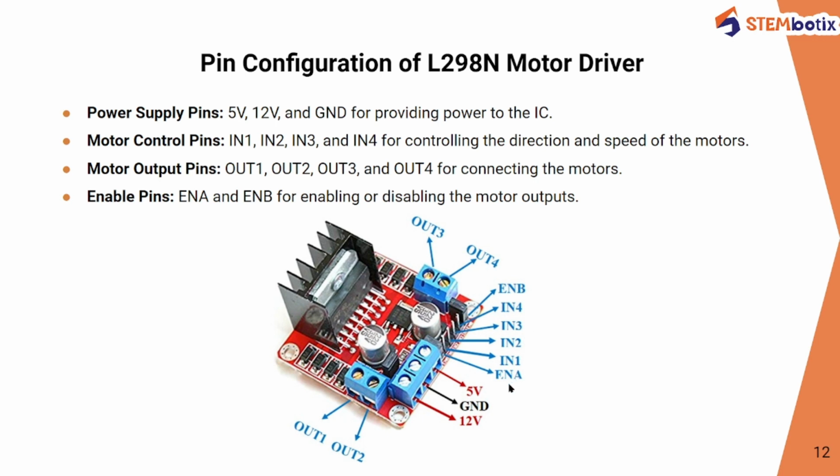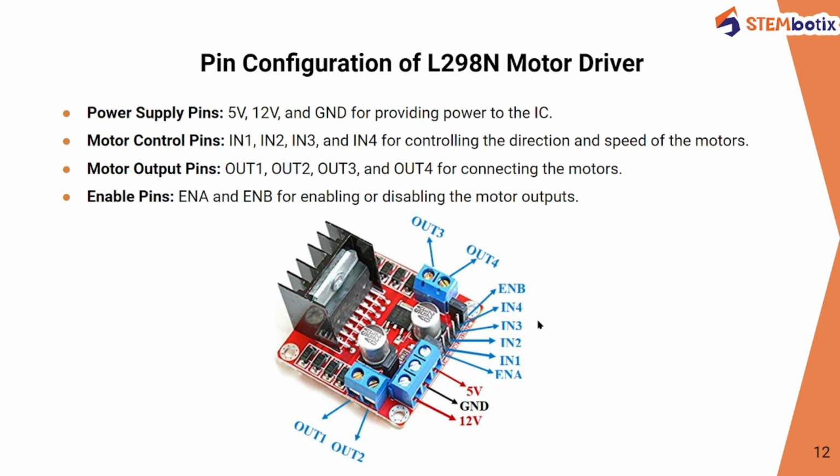After that we have two more pins, named ENA and ENB, meaning enable A and enable B. These two pins are known as speed control pins, and the other pins are direction control pins. The speed control pins, ENA and ENB, are used to turn the motors on or off and control their speed.